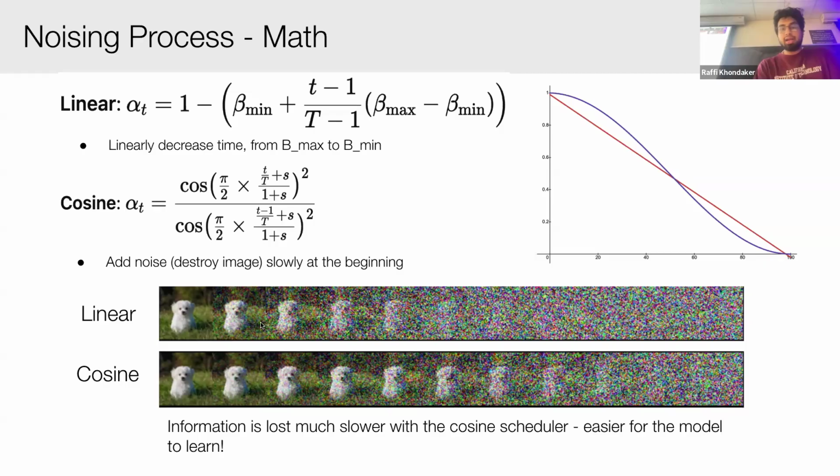Here I have what it looks like to linearly drop alpha versus using this cosine function to drop alpha. You can see with linear, almost counterintuitively, the image becomes super noisy very early, almost halfway into the noising process. Whereas using this cosine strategy, we could still almost make out the dog very late into noising.